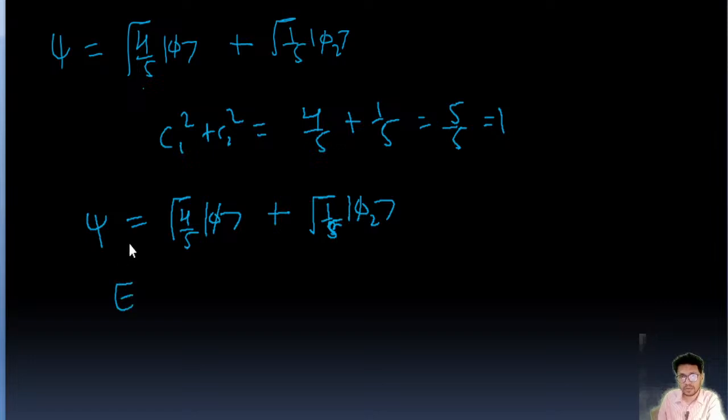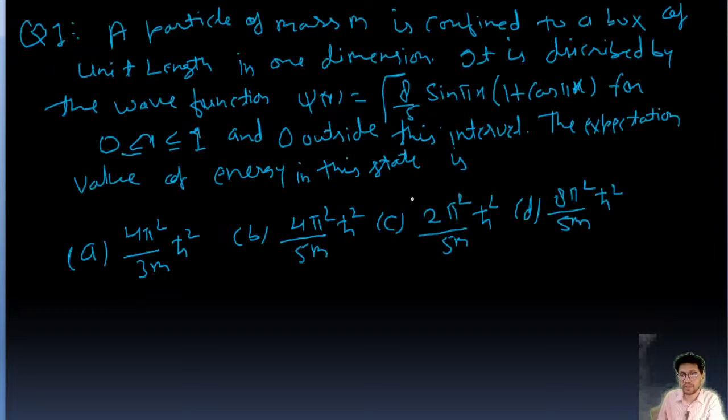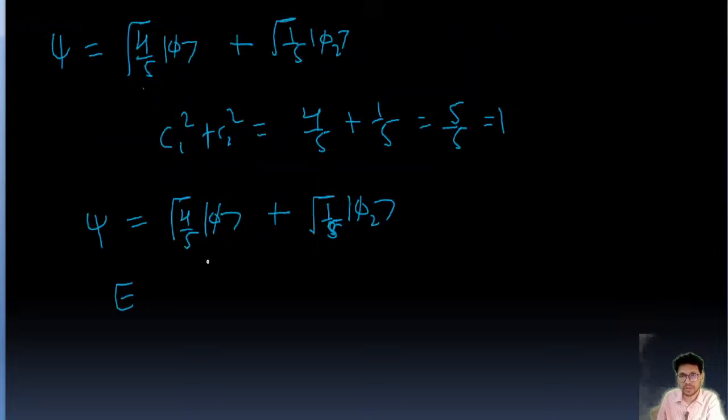So we need the expectation value of the energy in this state. We know the expectation value is the sum of P_i E_i, that is P1 E1 plus P2 E2, right?